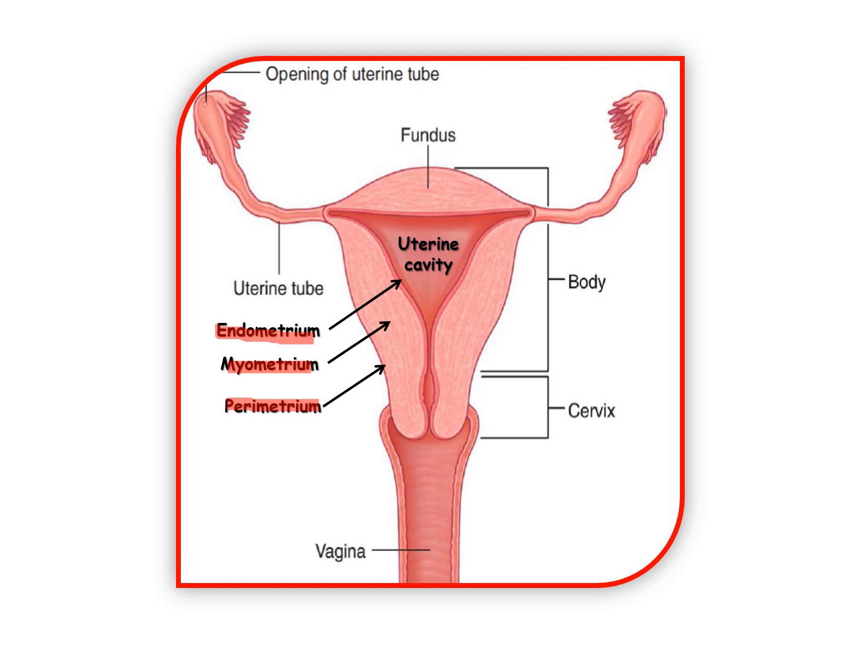Metrium means uterus. So endometrium is the innermost layer of the wall of the uterus. Myometrium forms the main thickness of the wall of the uterus and is formed of muscle. And finally, the outermost layer is the perimetrium.